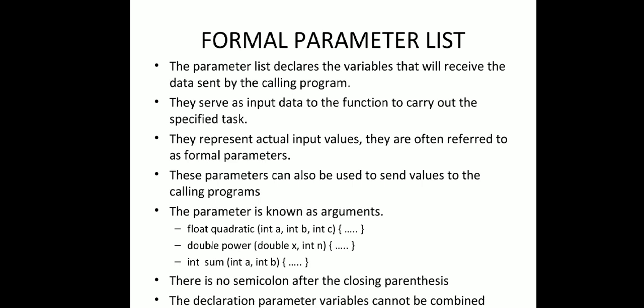The parameter list means the inputs given to this quadratic function: int a, meaning the first input is of type int and the name is a. Int b, the second input is again integer data type, the name of the variable is b, and then int c, the third variable is of type integer and the name is c. We know how to calculate quadratic equations, right?